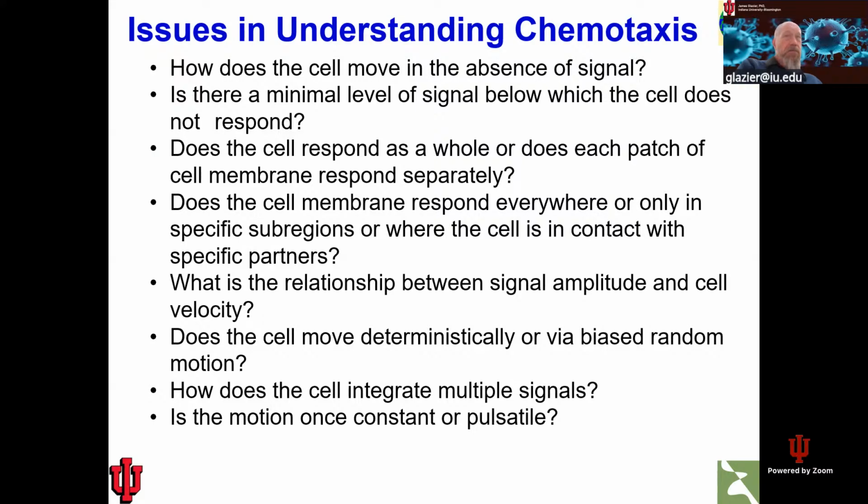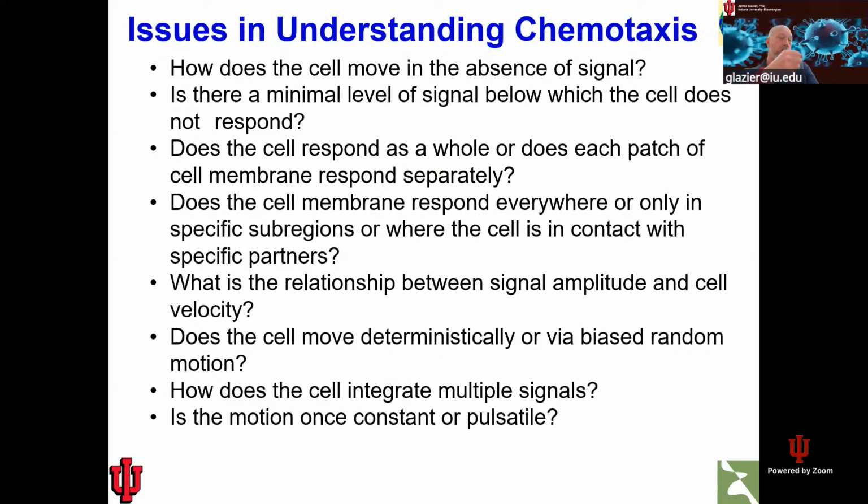And then if you have conflicting signals, of course, you have to ask the question, how do those conflicting signals integrate? The naive thing would be that they basically add, like in Paul's rule grammar, but in fact, they might not add in a simple way. There might be nonlinear combinations. And also, typically, we're going to simulate the cell movement as continuous, that if there is a chemical gradient, the cell moves with a constant or roughly constant speed. But in fact, in a lot of cells, both bacteria and eukaryotic cells, the motion is pulsatile.